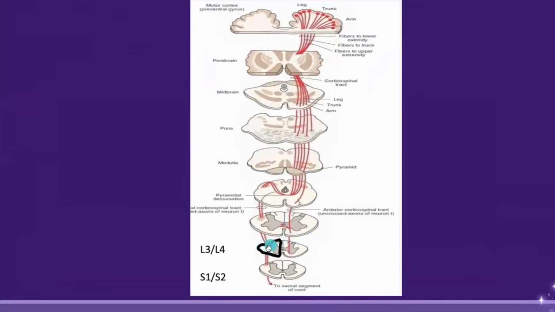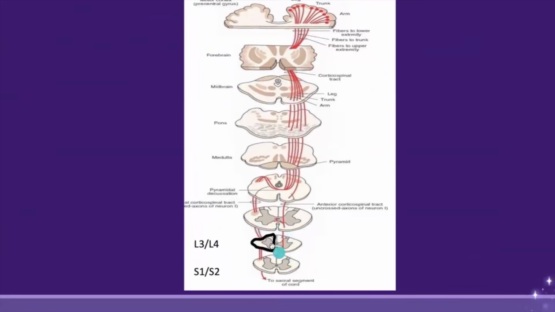So at the level of L3, L4, which is the knee-jerk reflex, it was absent, meaning that the lower motor neurons in the anterior gray horn were not functional, or there was a lesion there, okay? So that is why you had hyporeflexia here. However, in the lower part of the spinal cord, at the level of S1, S2, which is tested by the ankle jerk reflex, we found that there was hyperreflexia.